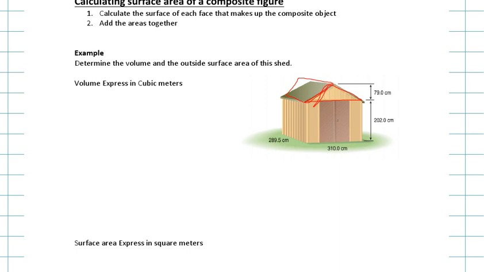Okay? Now, we have two shapes. I have to find the volume of the first one, the volume of the second one, and I have to add them. Okay? I'm not going to do the conversion until the end. All right? So let's look at this.